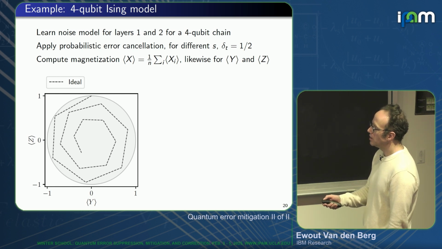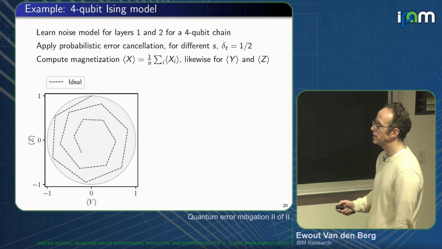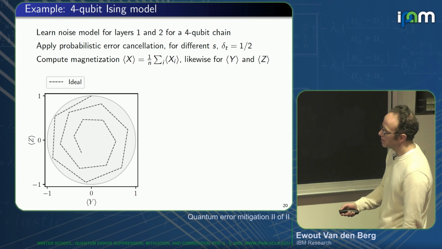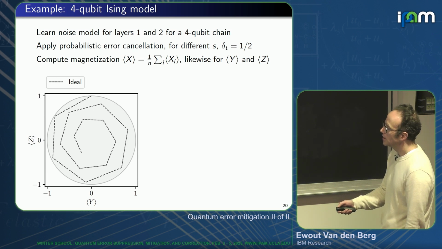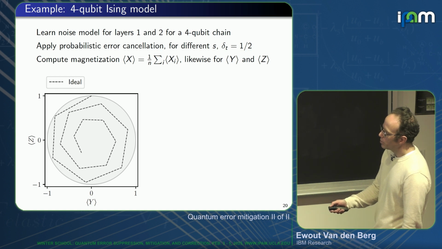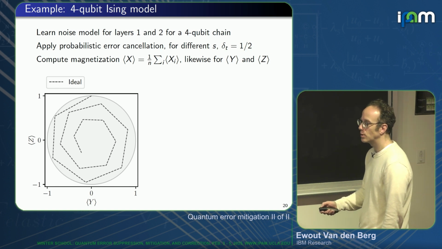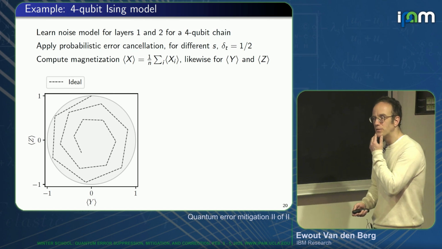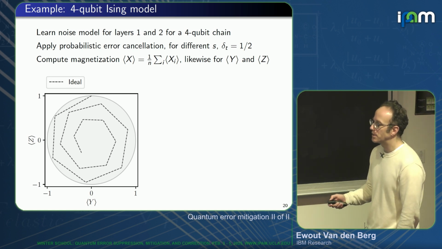We then compute the magnetization, so the average X magnetization of single qubit X observables, and the same for Y and Z, as a function of S, just 1, 2, 3, etc. If you plot the values of the Z and Y magnetization, you get this dotted line. Well, it's actually just the points, but the line is just for visual representation.